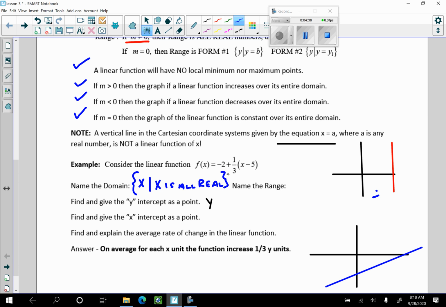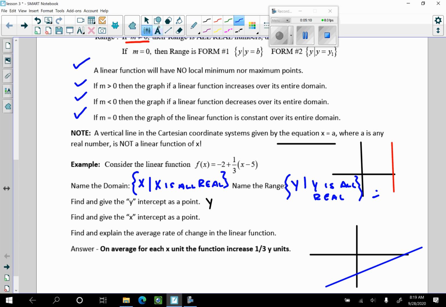Name the range. The range of this, m is not equal to 0, so the range is all reals as well. This is going to be really easy in linear functions, not so easy when we talk about quadratic functions, rational functions, square root functions, or trigonometric functions. But we're going to do all of these topics for linear functions.